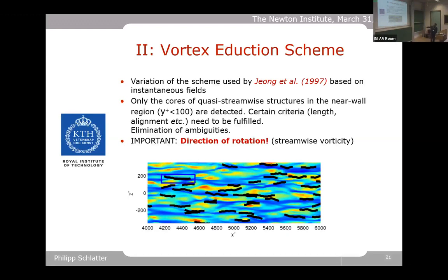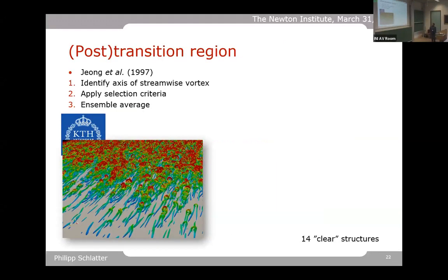So you would identify, somewhere close to the wall, y plus lower than 100, streamwise or quasi-streamwise vortices, which would then be the legs, and then you would do a statistical average of those, an ensemble average, and then you would see whether there is actually a head attached to the legs. And that seemed to be a very, very nice way of identifying that. So we implemented that, and we ran it also for our boundary layer data.